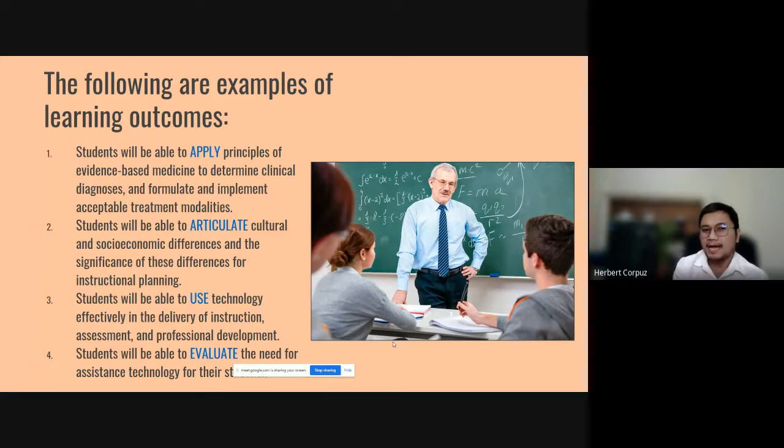Because when you apply the principles, students could also formulate and implement acceptable treatment modalities.